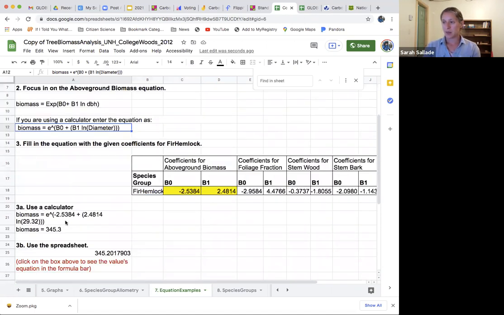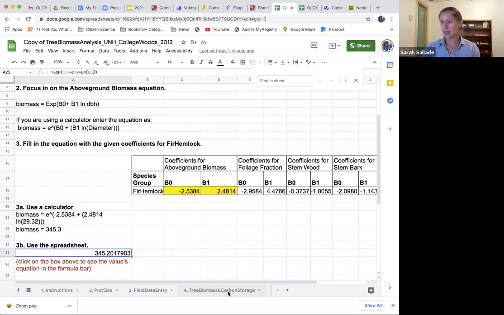And here it is, they plugged it into a calculator exactly in this form and got 345 kilograms of biomass. And if you use the spreadsheet using the equation just plugged in here, B0 plus B1 times the natural log of B5, which was the DBH, you get the same thing. So it's just a way to experience what's happening with the data.